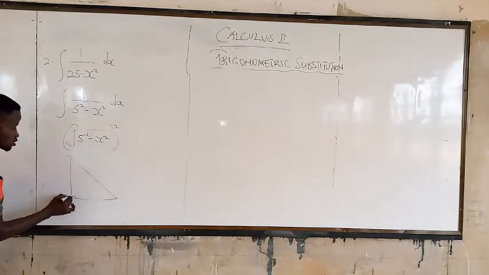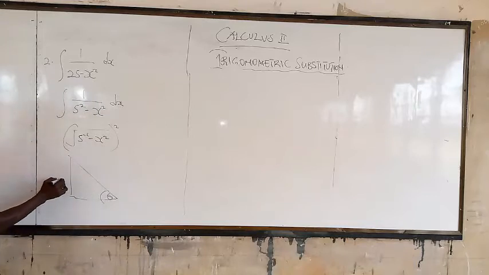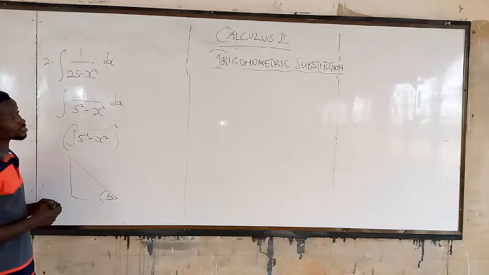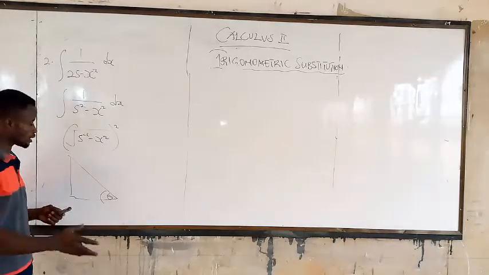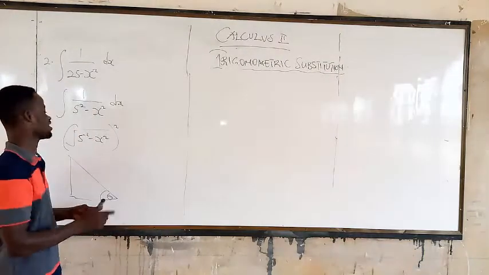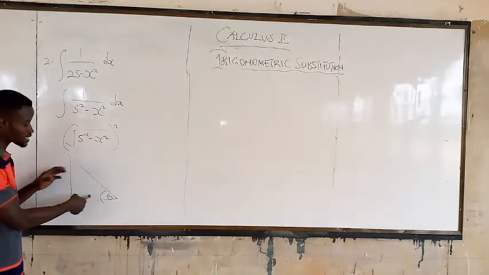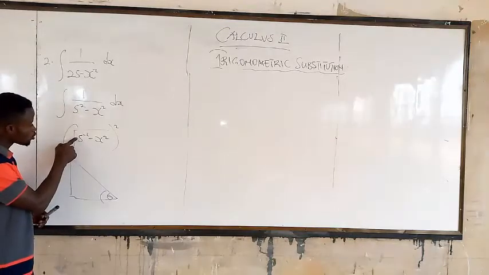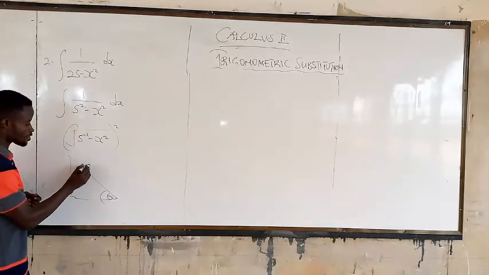So here we get theta, and which one is this going to be: sec, sine, or tan? First of all, before you know which one, you have to first know one side. And you know that a hypotenuse cannot be negative, so this is positive. So we have the 5 here.